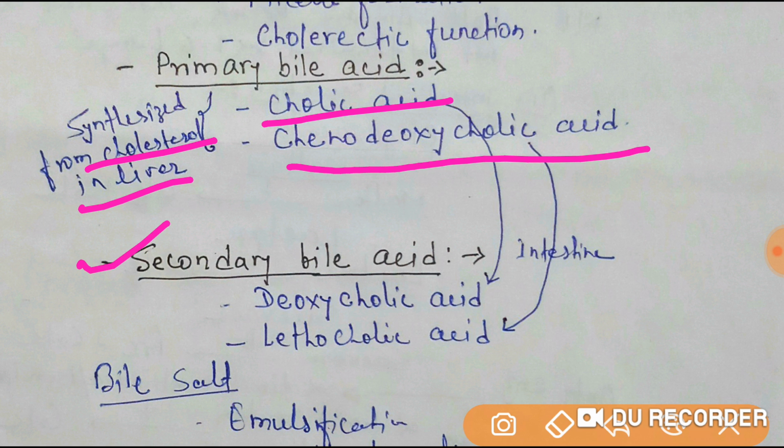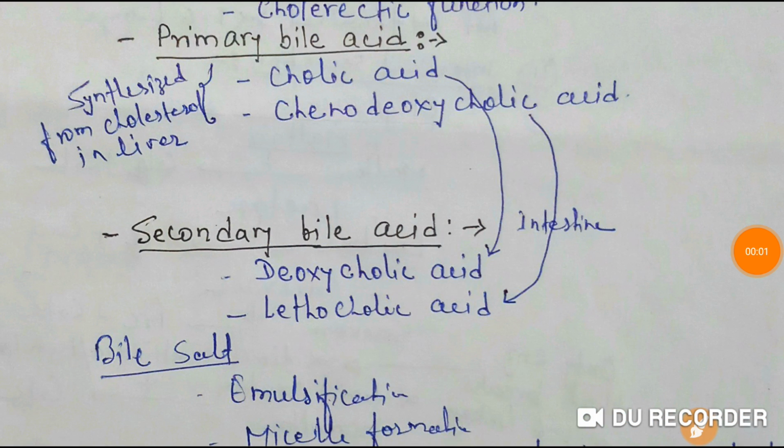And the secondary bile acids: the primary bile acids in the intestine are converted to deoxycholic acid and lithocholic acid. These are secondary bile acids because they are converted from the primary bile acids.